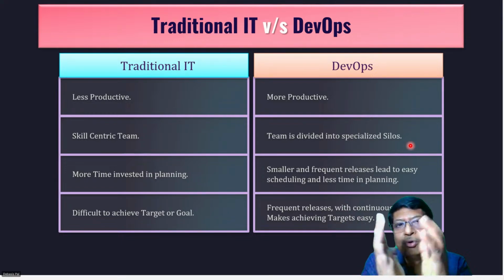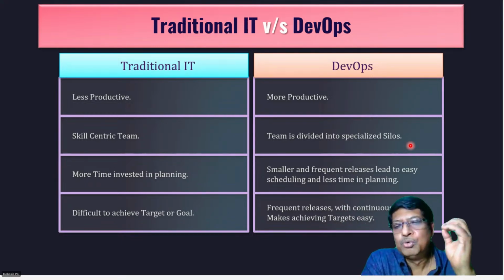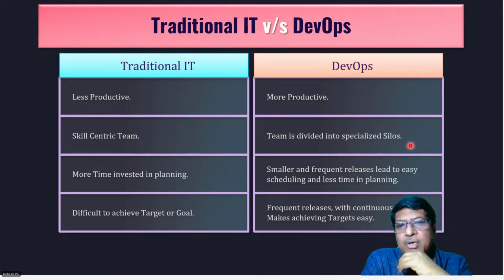So I had to know about DevOps, and I happened to have a good guru, and he taught me DevOps. It took me a bit of time to understand, but once I got it, I could understand the beauty of it, and I was into it.